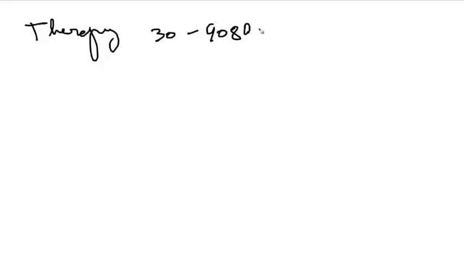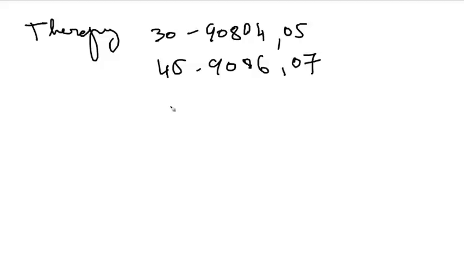Another simple stuff is the therapy codes. In the past, there used to be 30 minutes for 90804 or 05 if they were with medical management. 45 minutes it would be 90806 if it's pure therapy, or 07 if it's psychotherapy and medication management, and 60 minutes 90808 or 09 respectively with medication management.